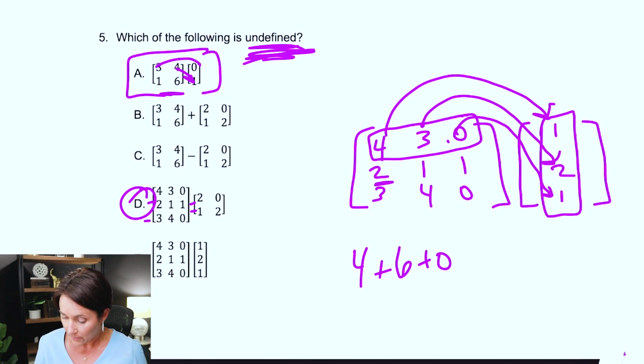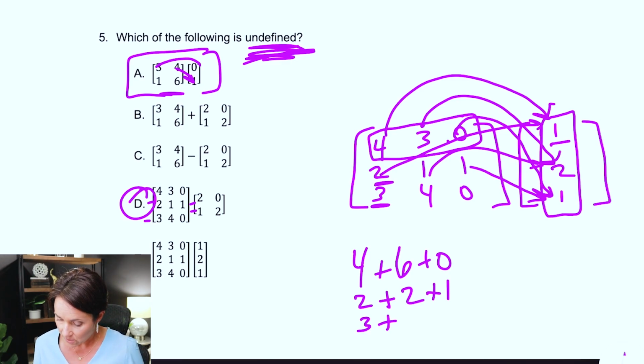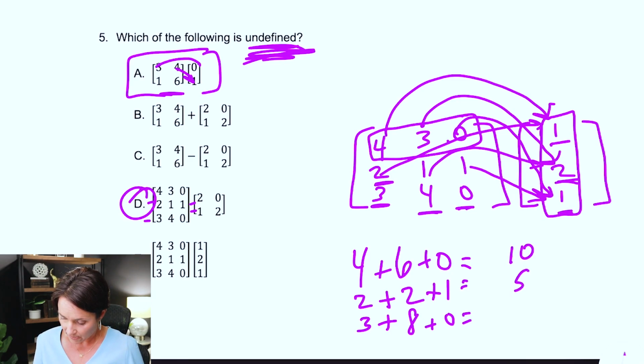We're going to have 2 times 1 is 2 plus 1 times 2, which is 2 plus 1 times 1, which is 1. And the last row, we have 3 times 1, which is 3, plus 4 times 2, which is 8, plus 0 times 1, which is 0. Now add these all up, and I get 10, 5, and 11.